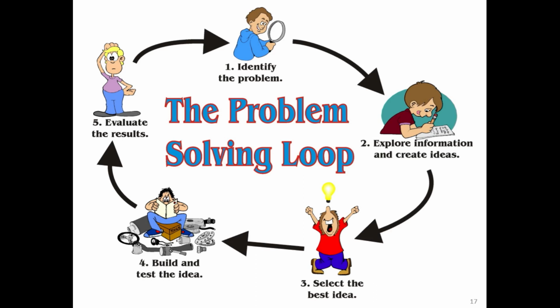After number 3, he already knows how to solve the problem, so he builds and tests that idea. Maybe he knows that to make sure all the assignments are finished, he must work hard and do it without fail. Then after that, evaluate the result. That is the problem solving loop.